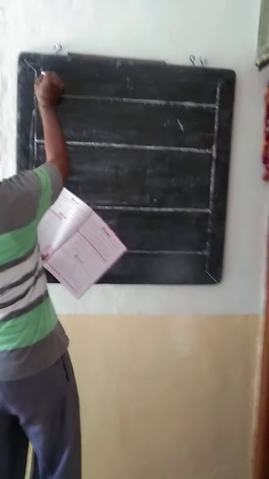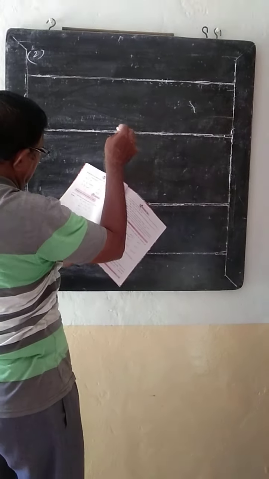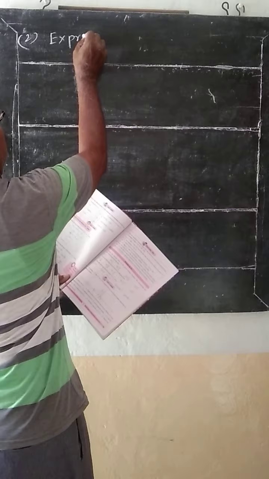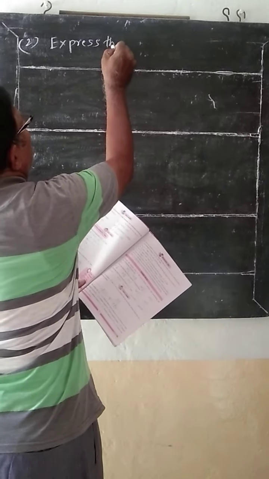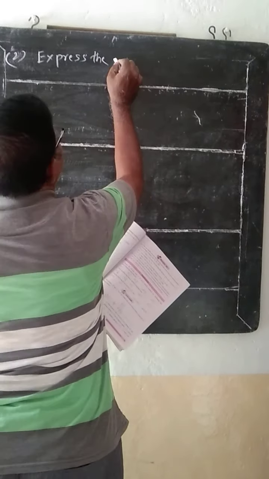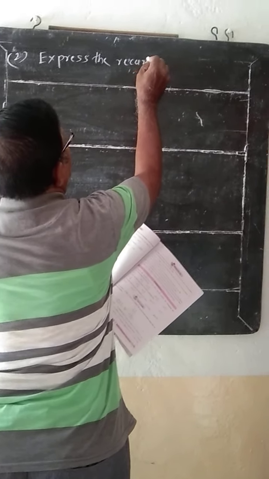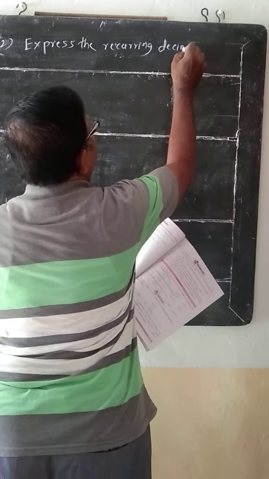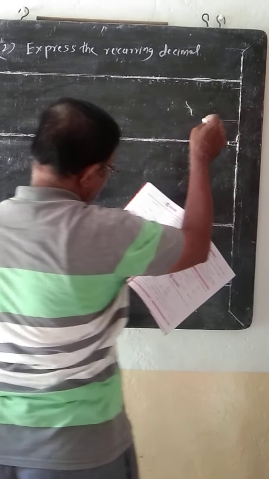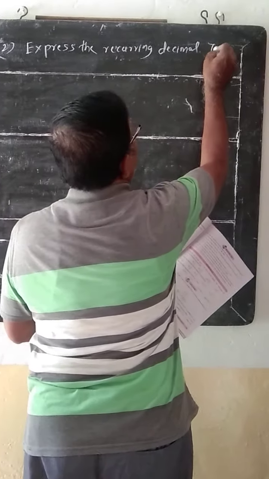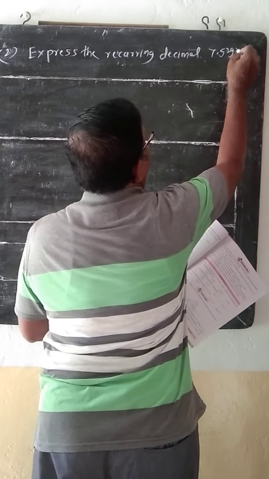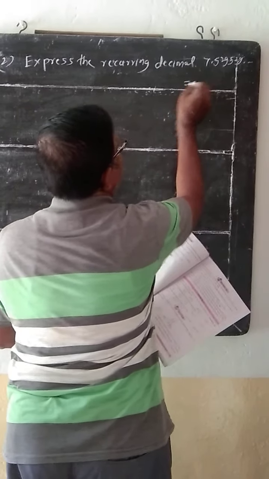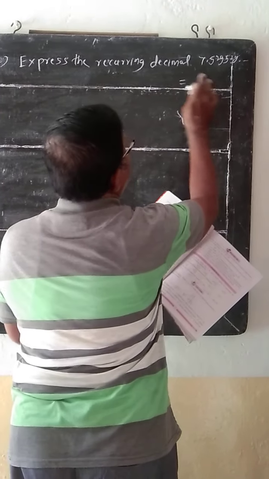Example 2. Express the recurring decimal 7.529529 dash is equal to in p upon q form.